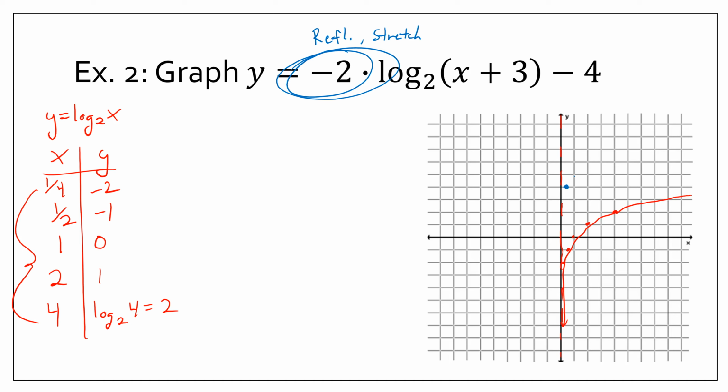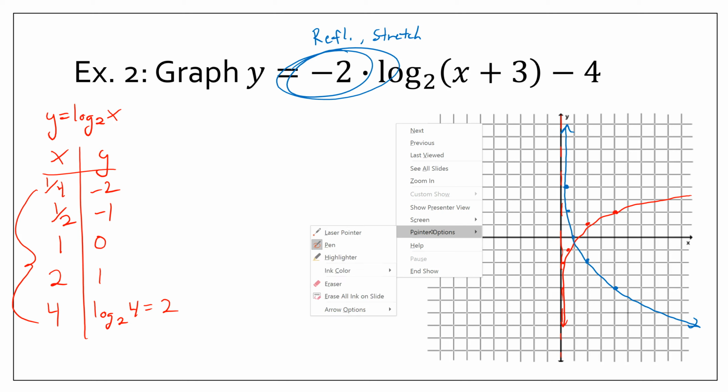Sorry, -2 times -2 is 4. -1 times -2 is 2. This would still be at 0. This is 1, it would go to -2. This is 2, it would go to -4. Remember, I'm multiplying all of my y values by -2 in this case.